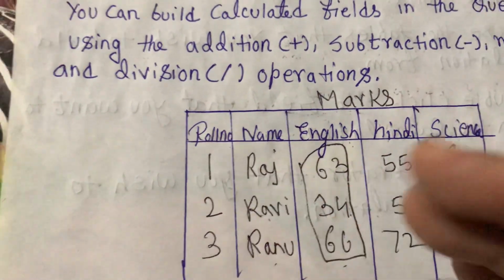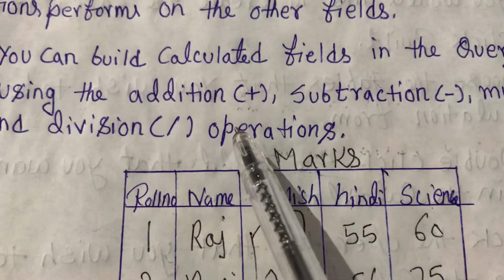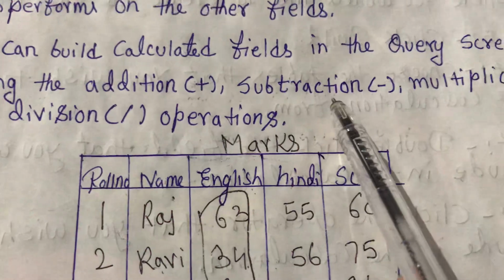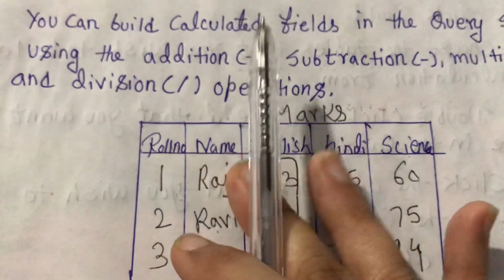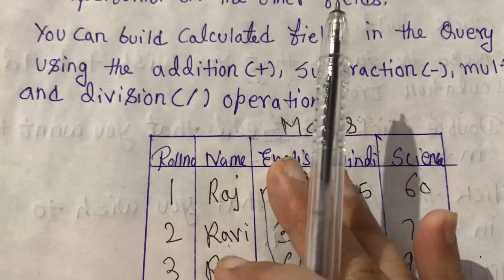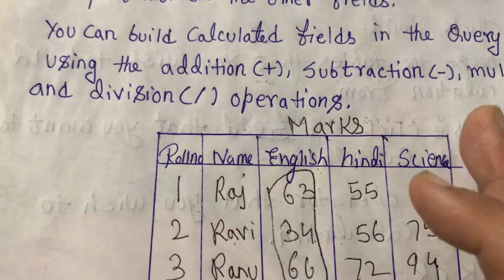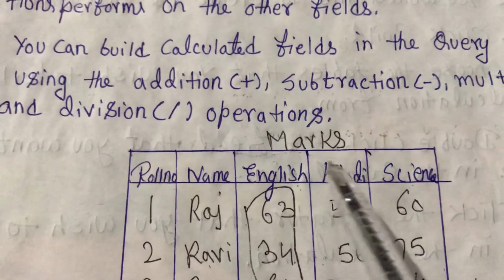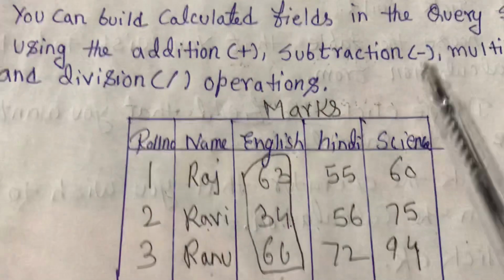Arithmetic functions. What are arithmetic functions? That is addition, subtraction, multiplication and division. These are arithmetic functions on one or more fields. These are the fields exactly. Understood?